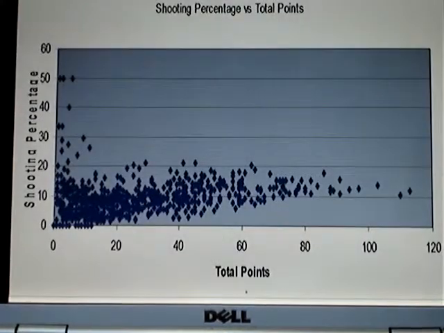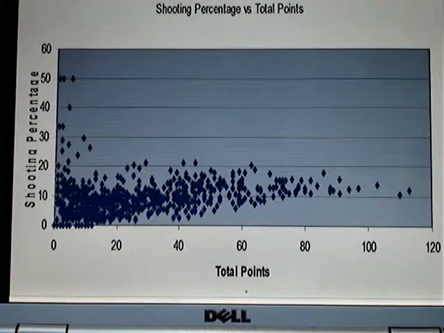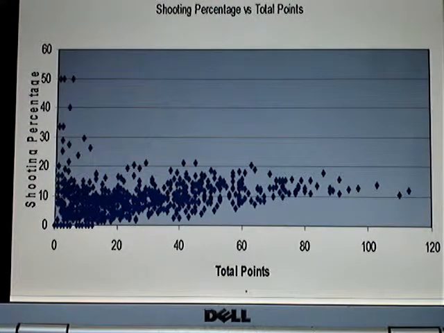We also did a scatter plot comparing one of the independent variables, shooting percentage, to the total points, our dependent variable. And as the scatter plot shows, there's a positive correlation between the 2 variables, with some outliers along the y variable.